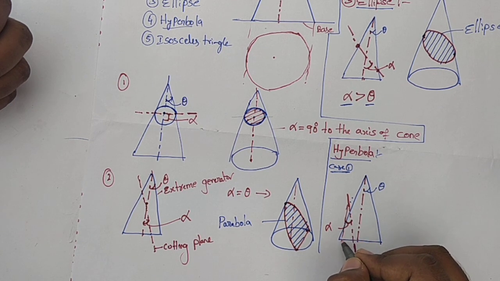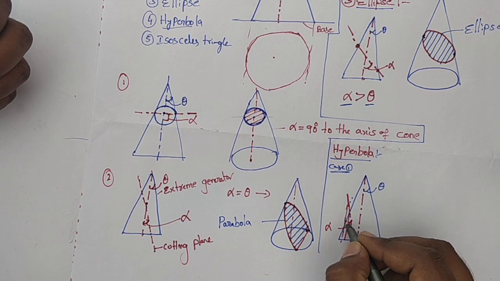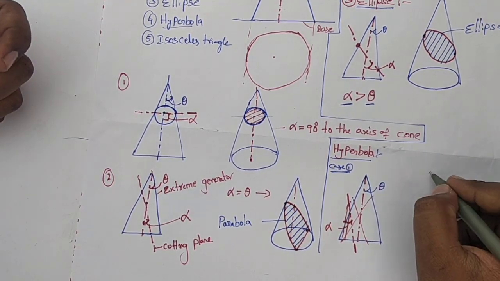Sorry, it is parallel to the axis. I am taking a line. Sorry, I am redrawing this one.